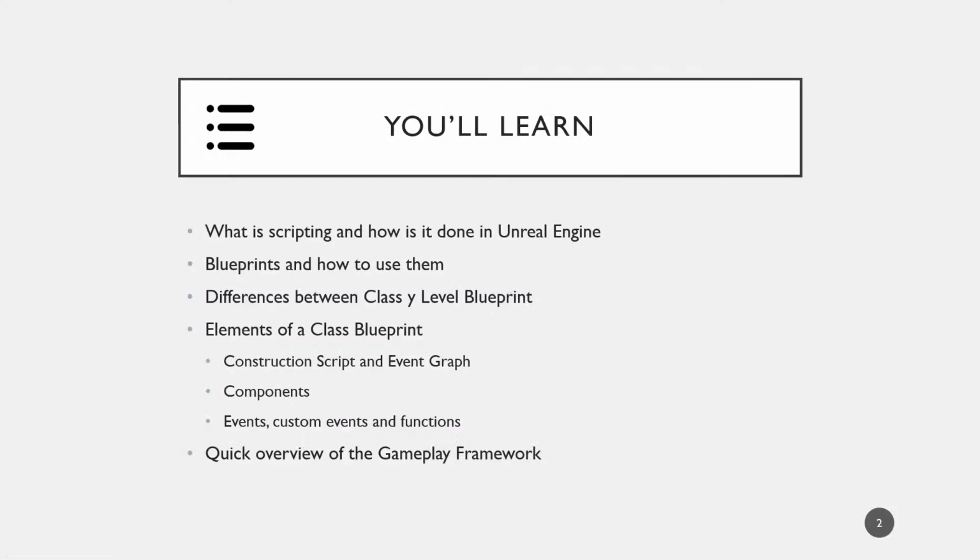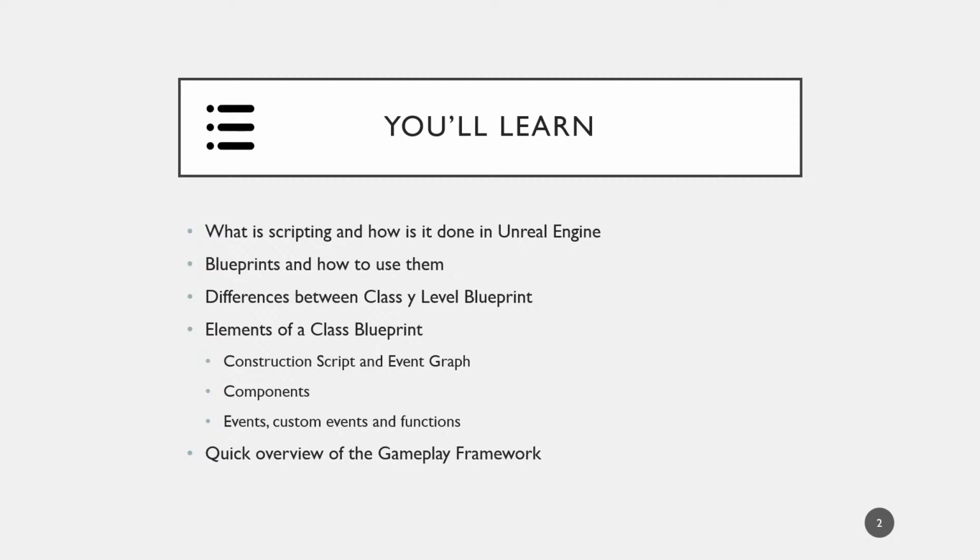What we will go over in this class will be how scripting is done, what it is, how we can do it in Unreal Engine, how to use blueprints, the visual scripting language that you can find in Unreal Engine, and the difference between class blueprints and level blueprints. We will get into it. You just have to wait a minute.